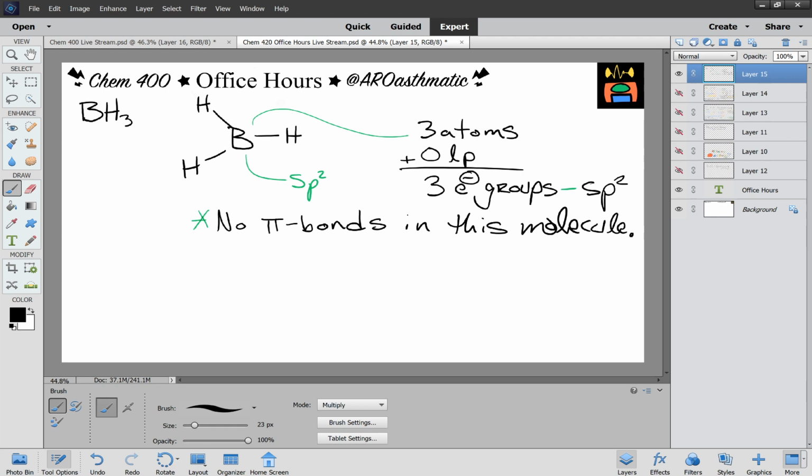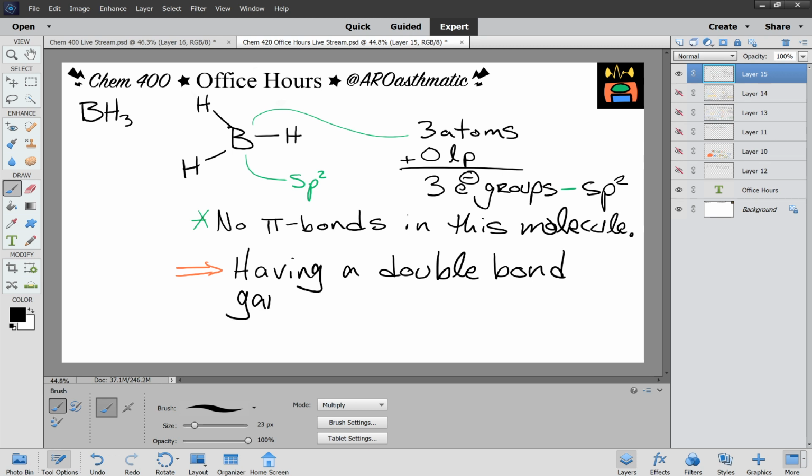So sp2 hybridization usually means there's a pi bond, but it doesn't guarantee it. That being said, having a double bond guarantees a pi bond.